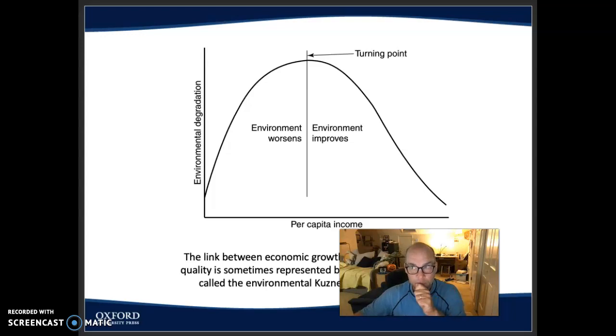So this evidence supports the idea that as GDP per capita increases, people are more apt to care about the environment and then work to protect that environment.